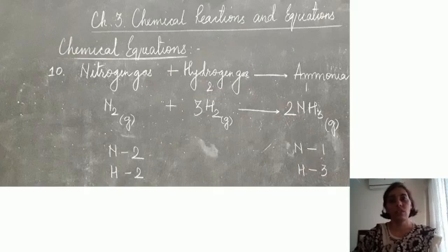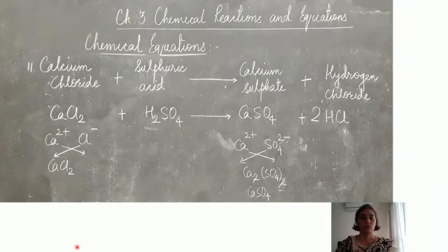Let's go to the next equation now. Reaction 11, calcium chloride and sulfuric acid, and products are calcium sulfate and hydrogen chloride or hydrochloric acid. Let's write down the molecular formulas. Calcium and chloride are the two ions. Calcium 2 plus, chloride 1 minus. So the formula becomes CaCl2.